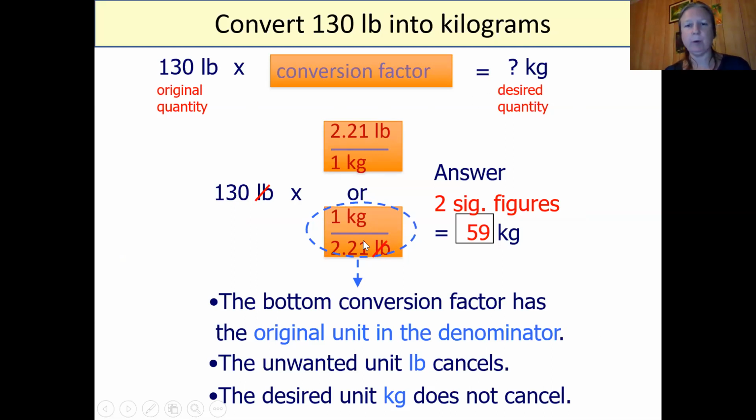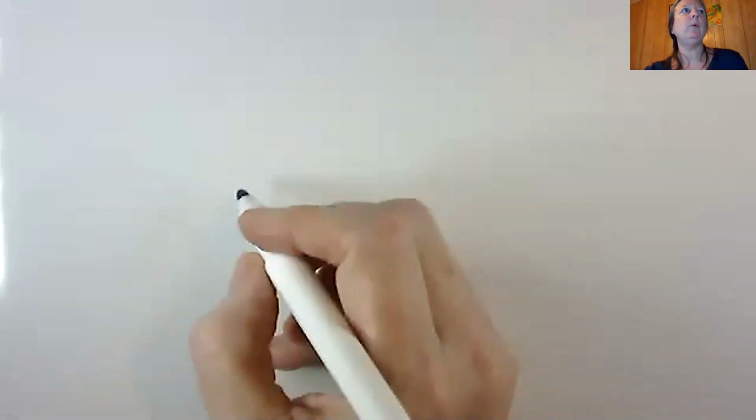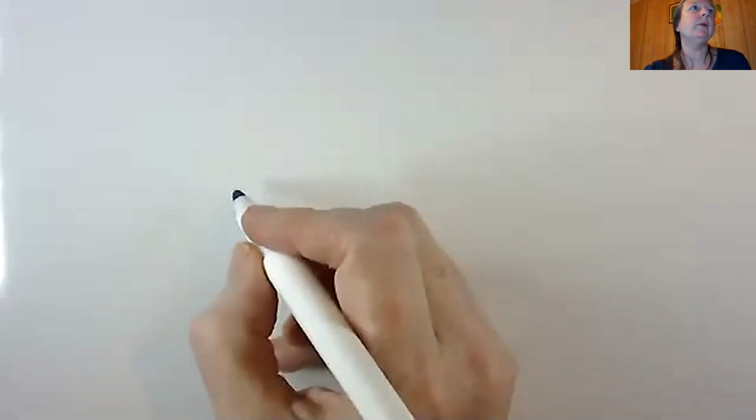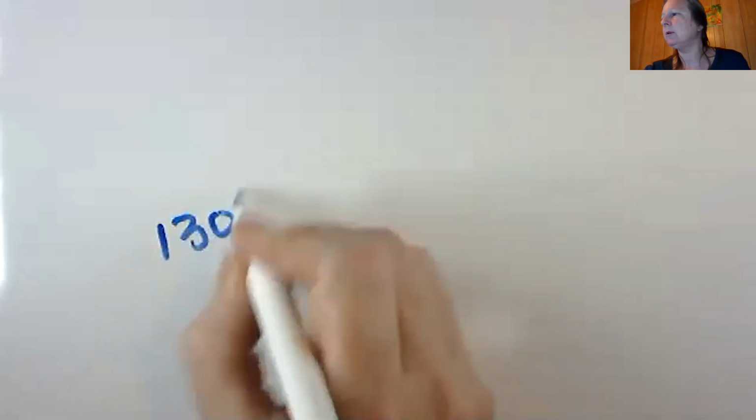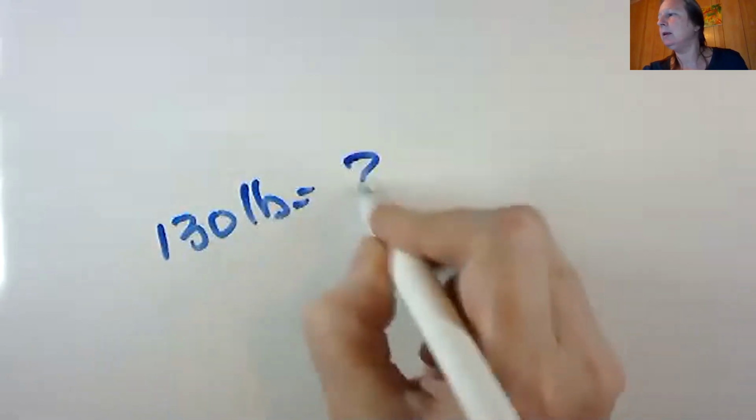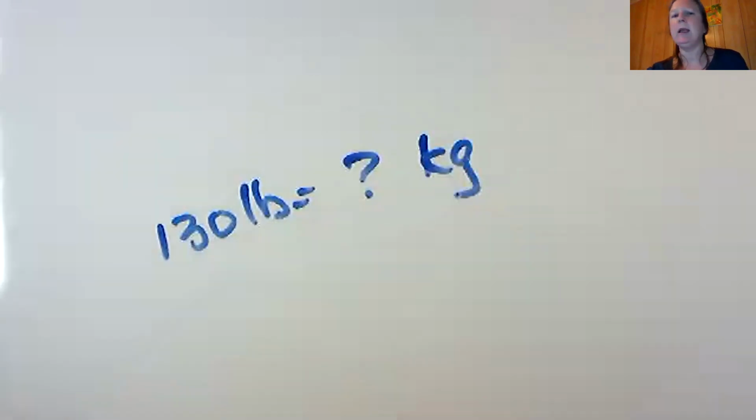So I'm going to switch to my whiteboard. So the example was, okay, 130 pounds equals how many kilograms? And we're given the relationship.